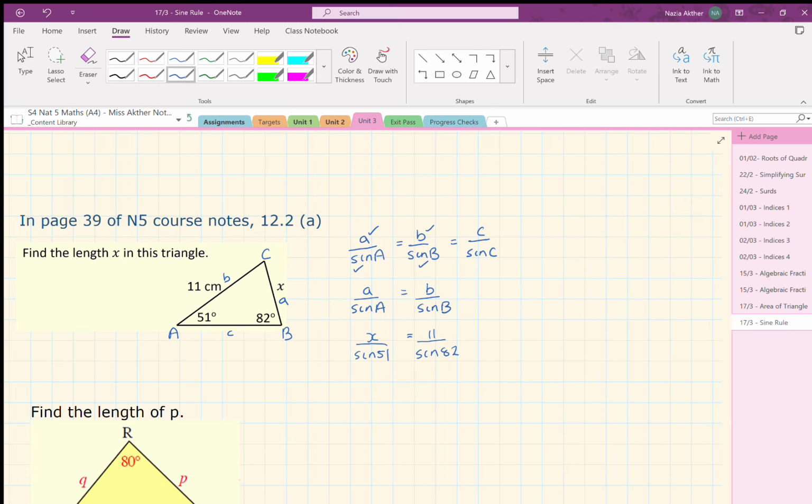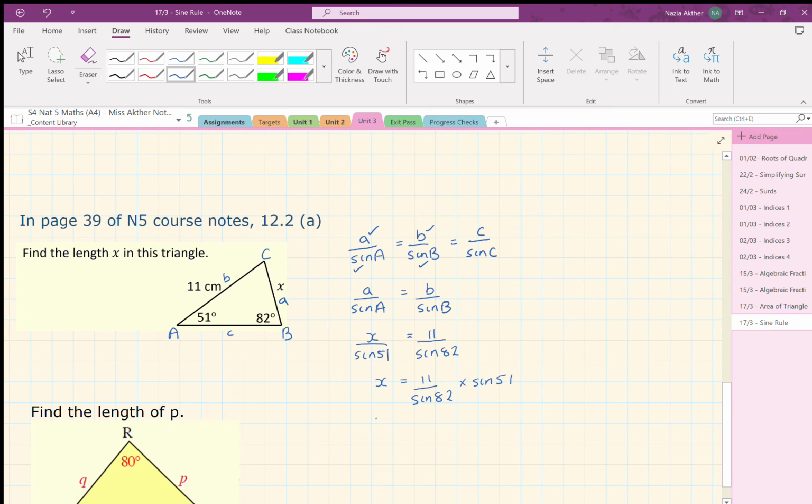So when we do that, x is then equal to 11 over sine 82, and because we multiplied both sides of the equation by sine 51, it goes away on this side, and then on this side we've got 11 over sine 82 times sine 51.